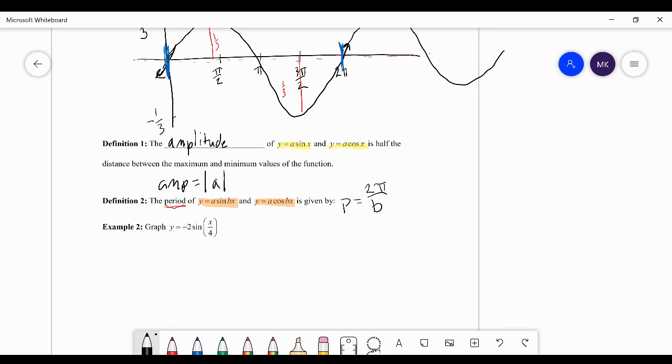This is how we calculate the period. Now this is only for sine and cosine functions. Tangent has a different period. We'll talk about that in a little bit when we get to tangent. But for sine and cosine, if we just graph sine and cosine, they both have a period of 2 pi.